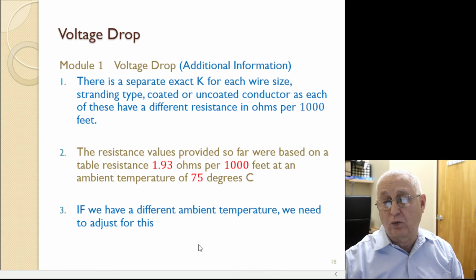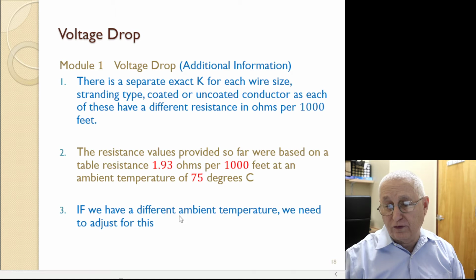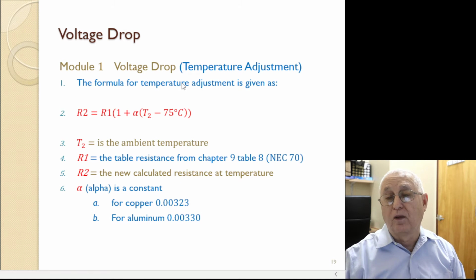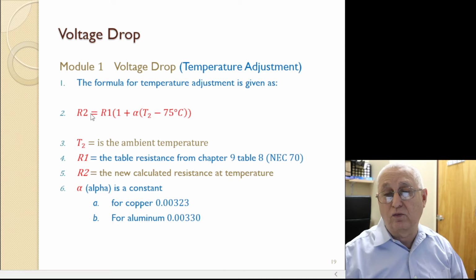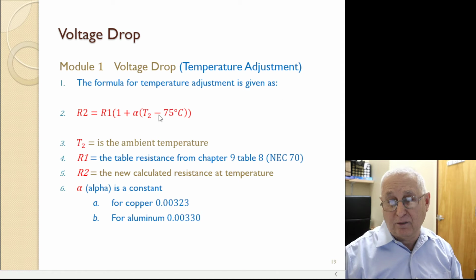National Electrical Code. If we have a different ambient temperature that the wire is running through, we need to adjust for this temperature change. The formula for temperature change adjustment is given as follows. It looks complicated, but I'm going to show you how easy it is to do.